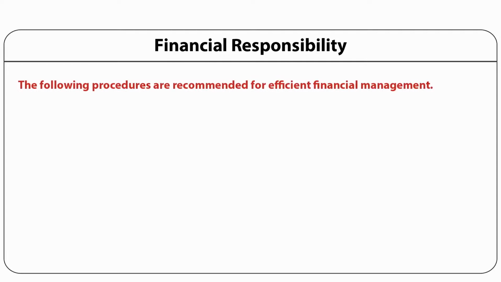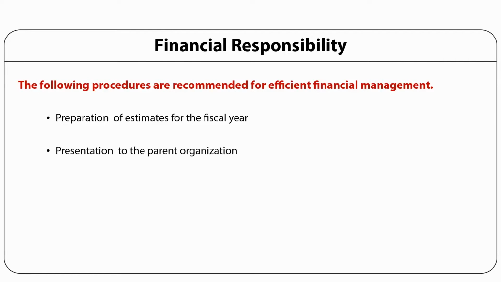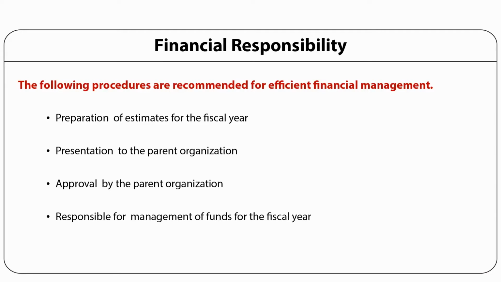Some of the procedures which are recommended for efficient financial management are: firstly, preparation of estimates for the fiscal year. Secondly, presentation to the parent organization. Thirdly, approval by the parent organization. And fourthly, responsibility for management of funds for the fiscal year.